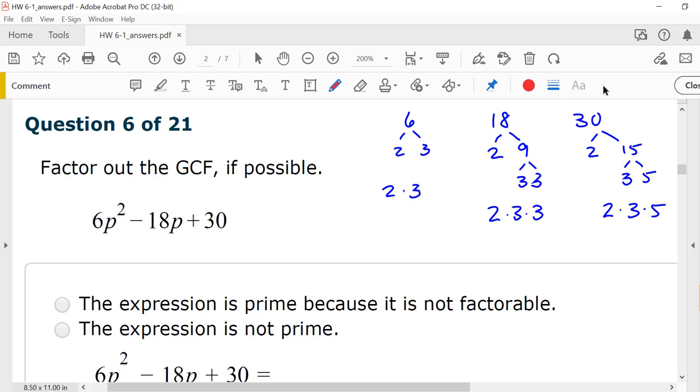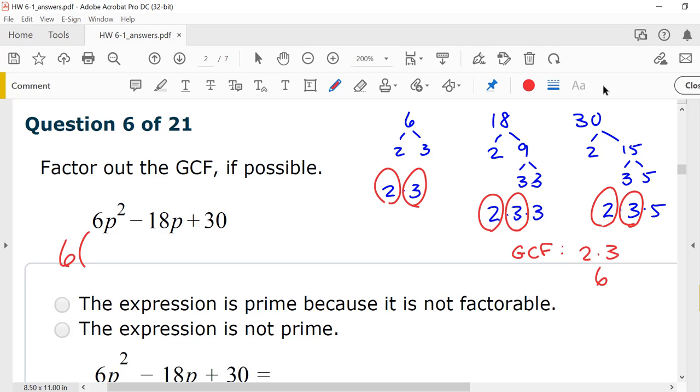So what's the GCF with all 3 of those numbers? I get a 2 in all of them. Ooh, and I have a 3 in all of them. So the GCF is 2 times 3, which is 6. I can pull a 6 out of everything.